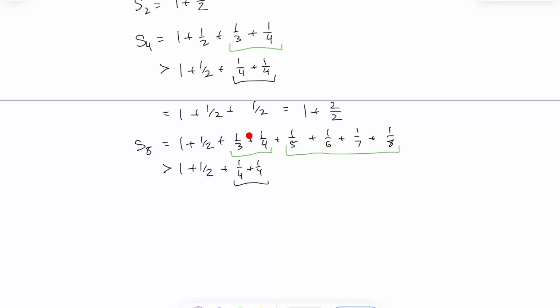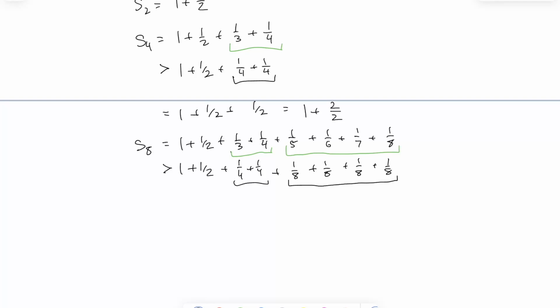And that's legal because I put a greater than sign here because 1/3 is more than 1/4. And in the second bracket, I'm going to make these all 1/8 because these fractions are all more than an eighth. An eighth is the smallest of all of these fractions here. So over here, I'm going to make these all 1/8. 1/8, 1/8, 1/8, 1/8. In this little bracket right there.